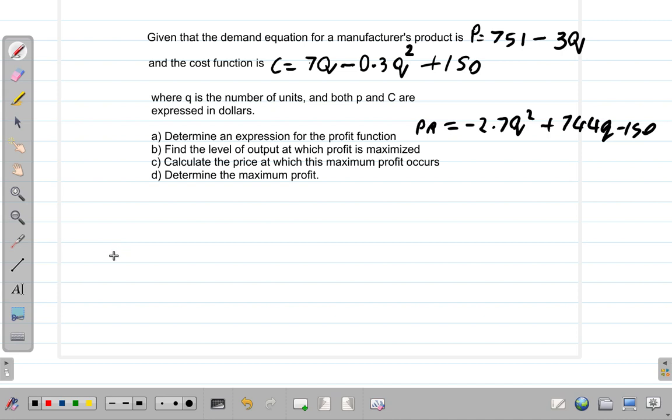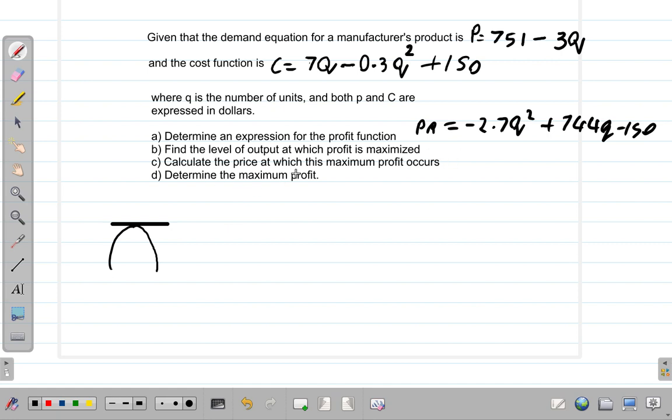So if you plot a graph of it, it would look like this. At the maximum point, you have maximum profit. At that maximum point, the gradient is 0, because when you draw a tangent, you get a horizontal line.